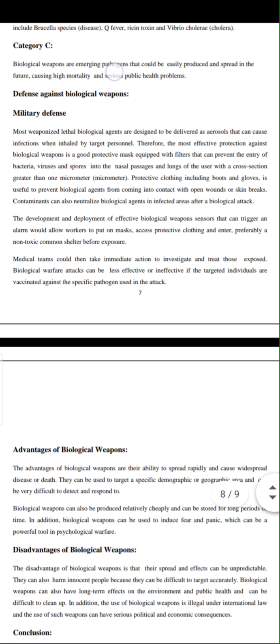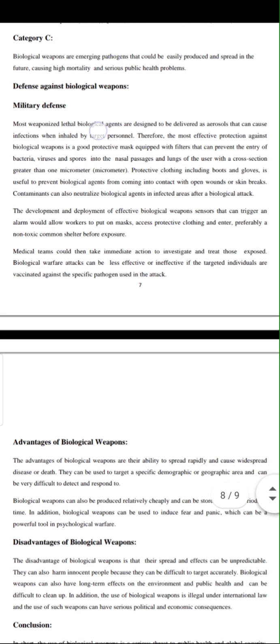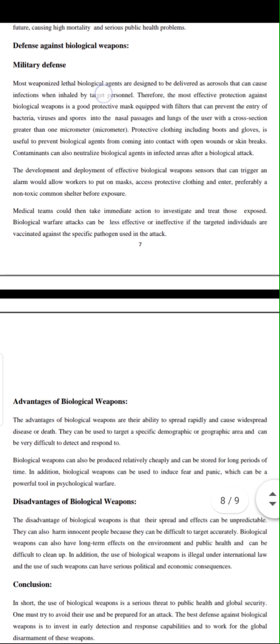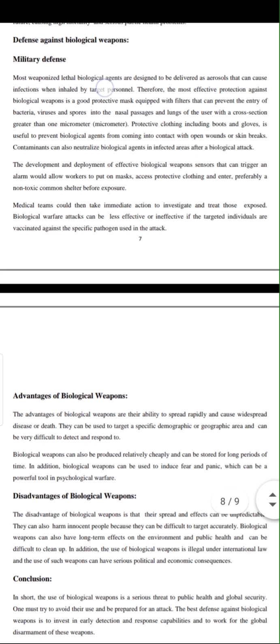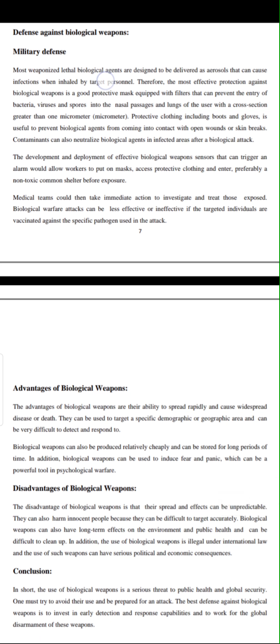Then the deployment and development of effective biological weapons sensors can trigger an alarm, allowing workers to put on masks, access protective clothing, and enter preferably a non-toxic common shelter before exposure. Medical teams then take immediate action to investigate and treat those exposed.